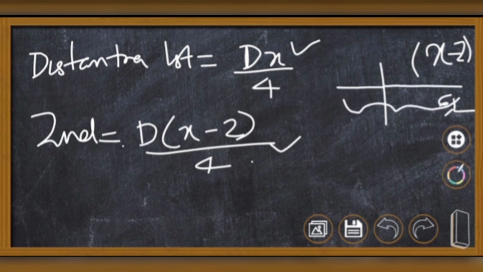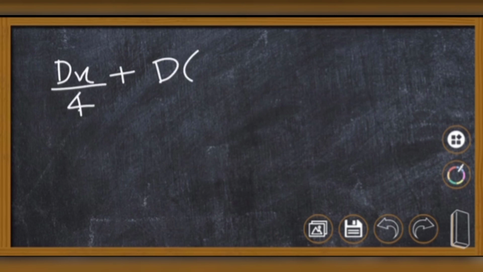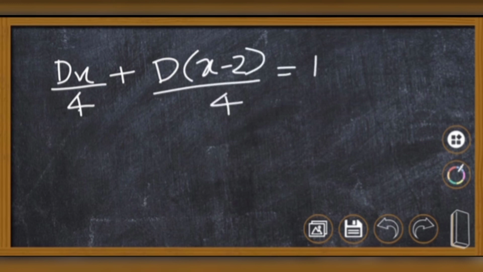Now if they meet at some point O, then PO plus QO will be the total distance PQ. So dx by 4 plus d into x minus 2 by 4 is equal to d.